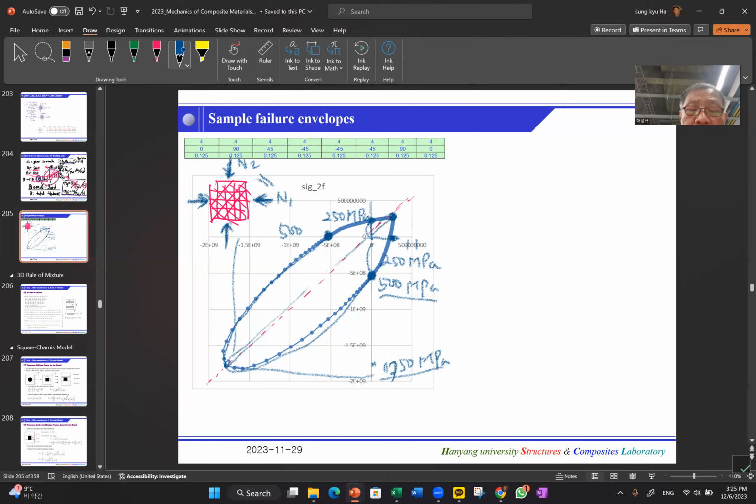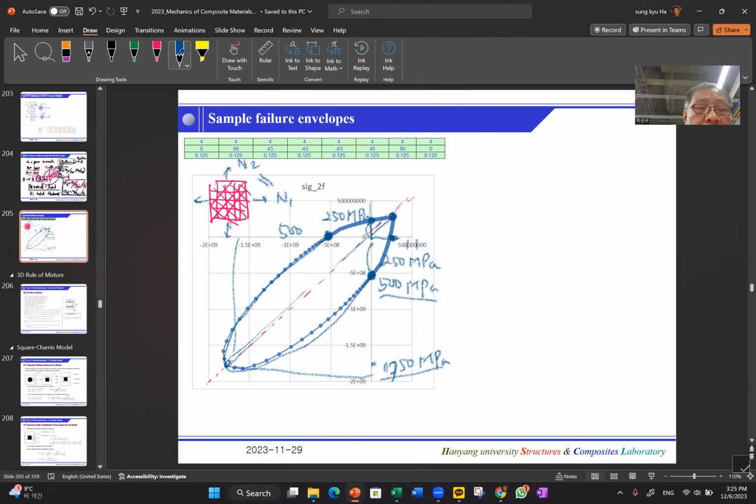What is this point? That point is even higher than now. I'm gonna delete this load. Now we apply the tension, but the same magnitude in the 1 and 2 direction.